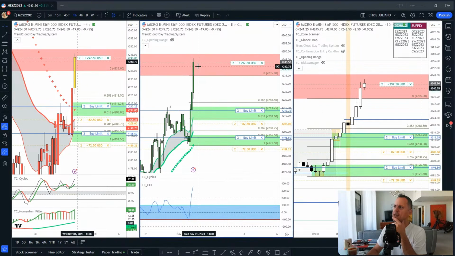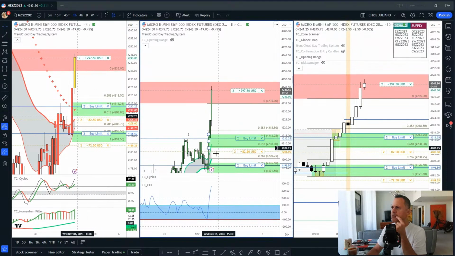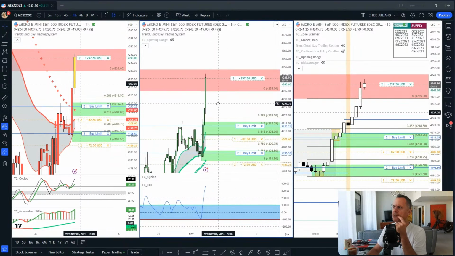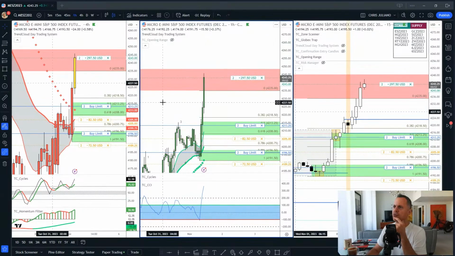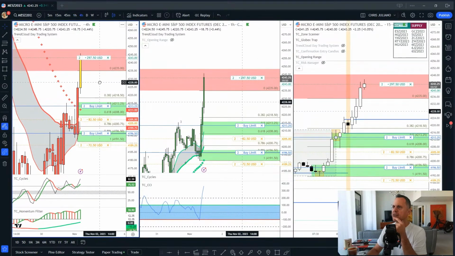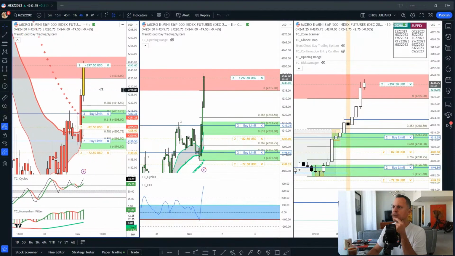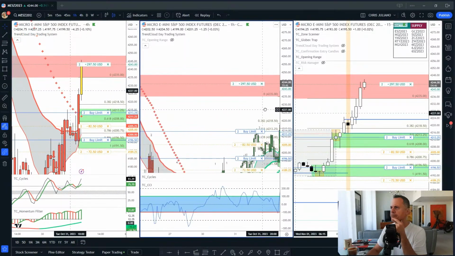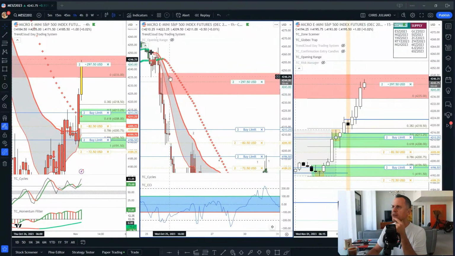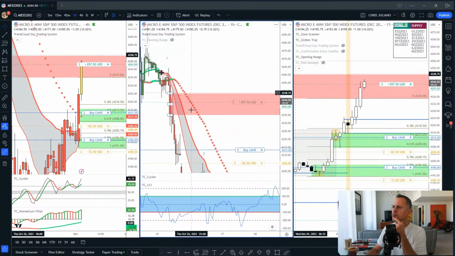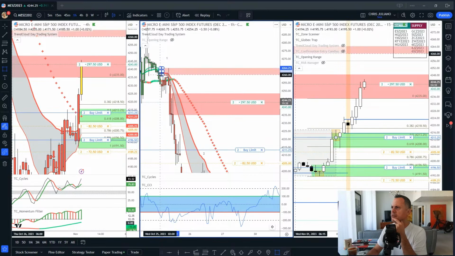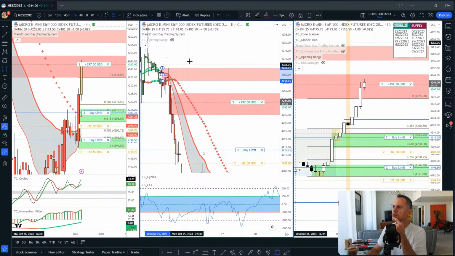Really nice. Very happy to see that this is breaking through this zone. So these become more and more powerful as you break through zones, right? There's the top there. Okay, then we come into this little guy right up here.